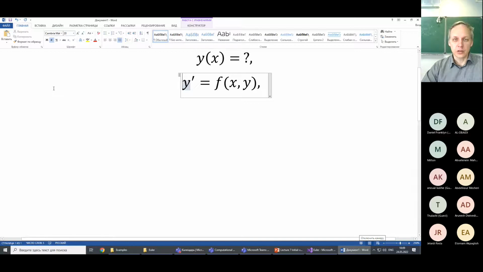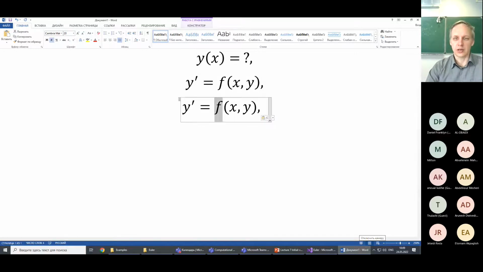What function? We consider this function may be constant 1, this function may be x, this function may be y, or even x times y plus x, something like this.